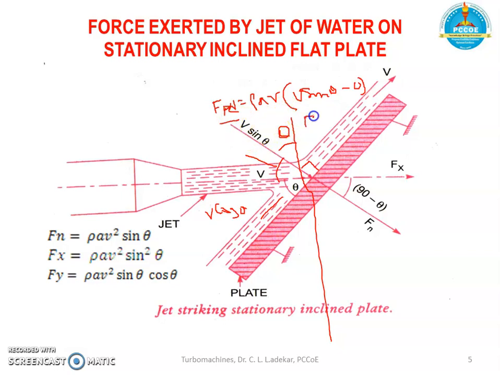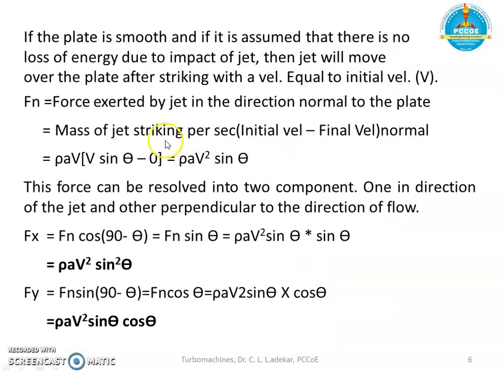Suppose this is Fy and this is Fx. Fx is equal to Fn cos 90 minus theta, and Fy is equal to Fn cos theta. That we'll see in the expression.